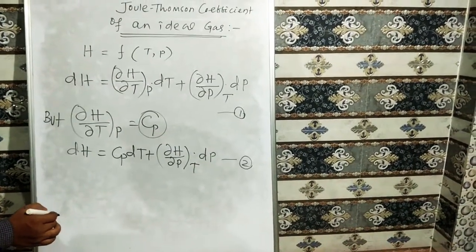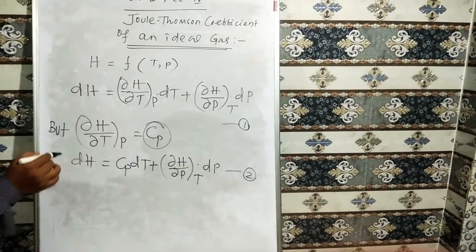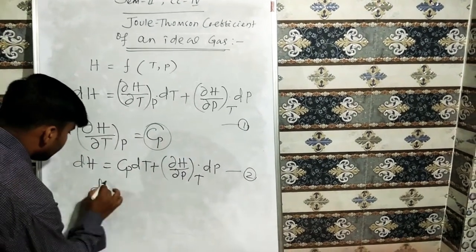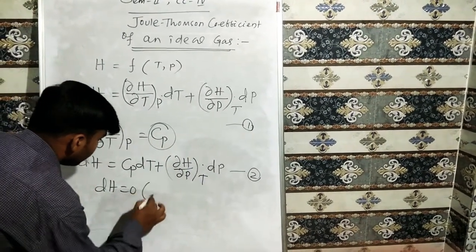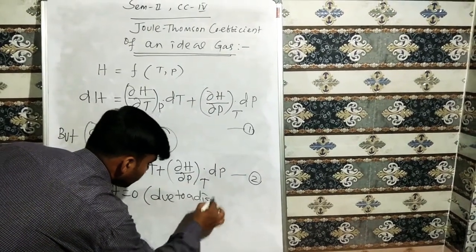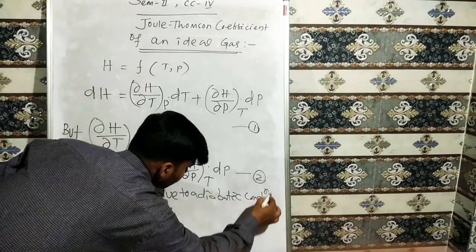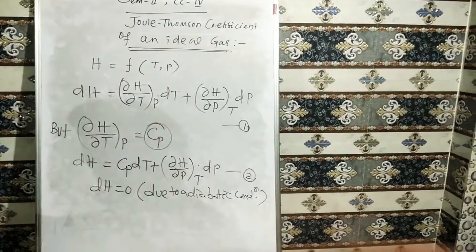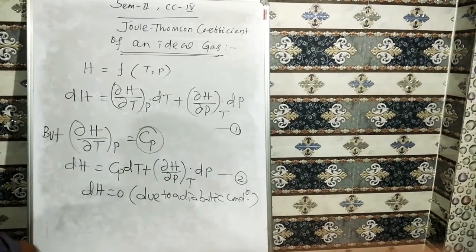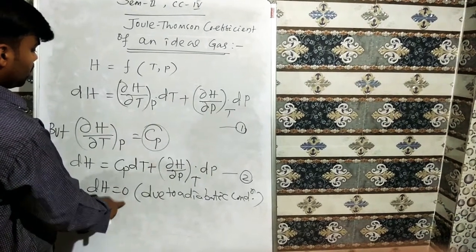But we know this Joule-Thomson expansion takes place under adiabatic condition, so dH equals 0. In the adiabatic condition no heat energy is exchanged with the system, so the change in enthalpy, dH, equals 0.